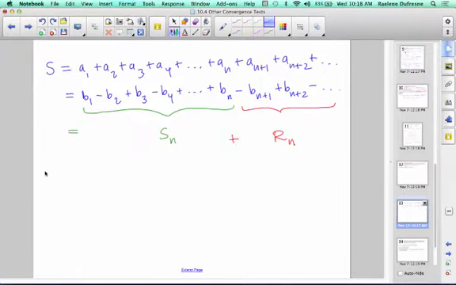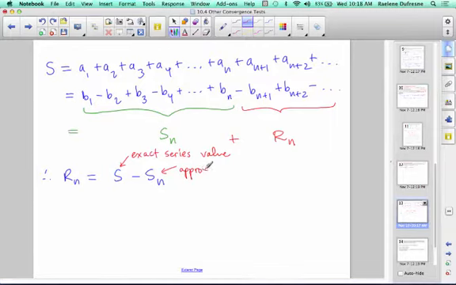And so now we know that Rn is going to equal S minus Sn, where S is the exact value of the series, the exact sum, and Sn is the approximate after n terms value of the series. It's the nth partial sum. And Rn is the difference between them, so Rn is the error between the exact, which we don't know, and the approximate value that we can work out.